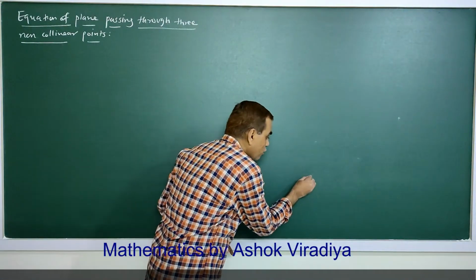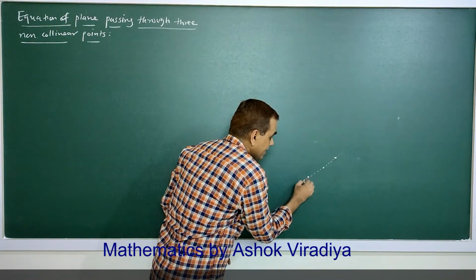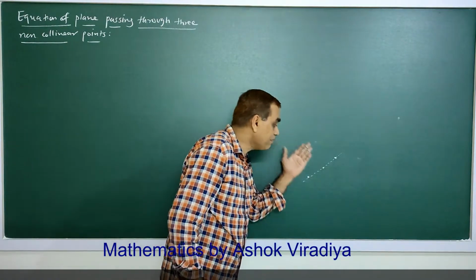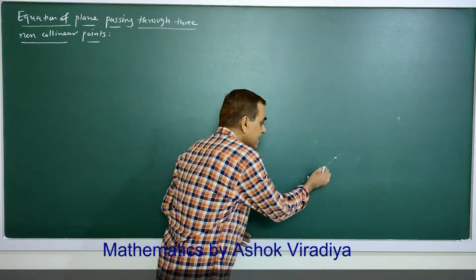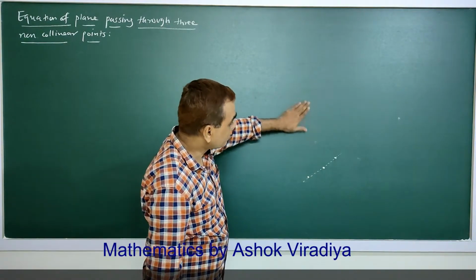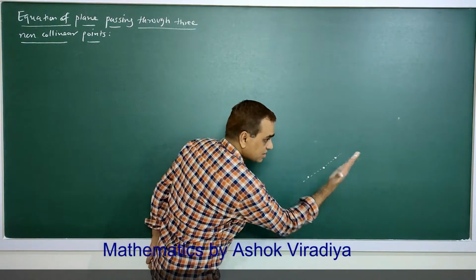If points are collinear, if all the points lie on the same line, then there exist infinitely many planes containing these 3 points. The surface of the green board itself, you can imagine a plane like this.